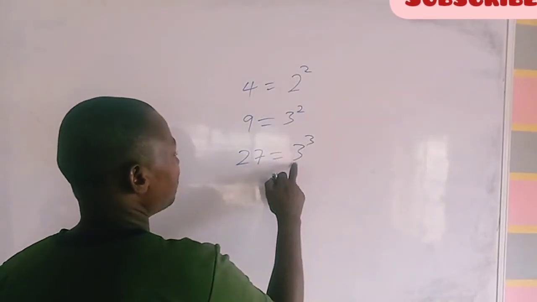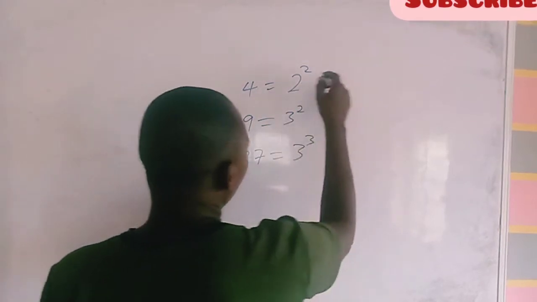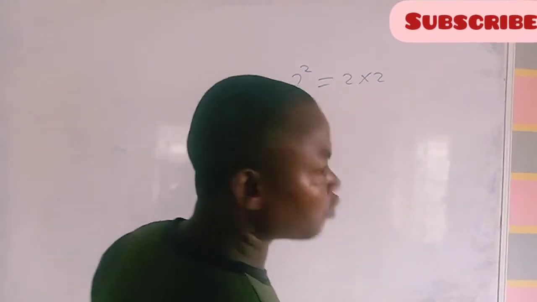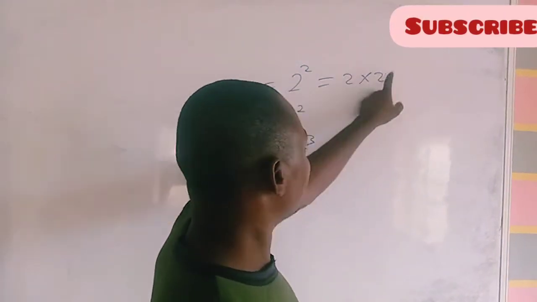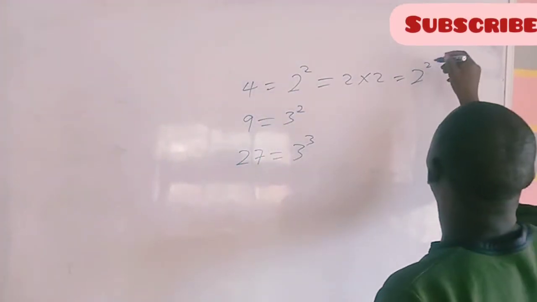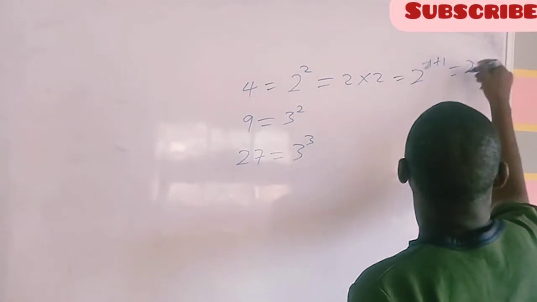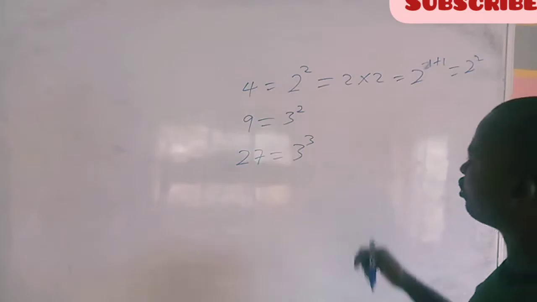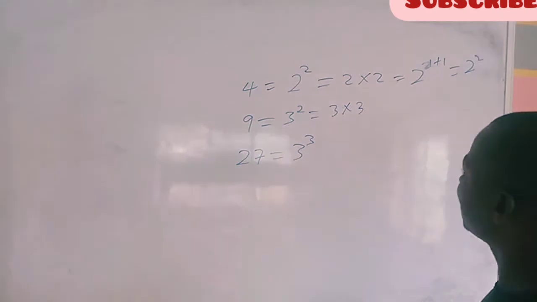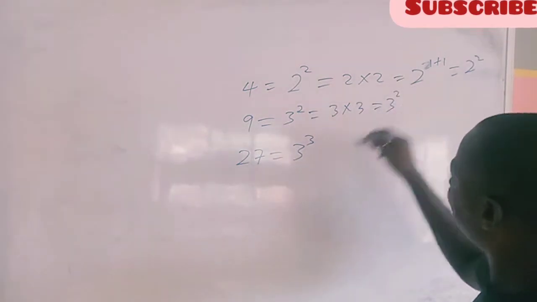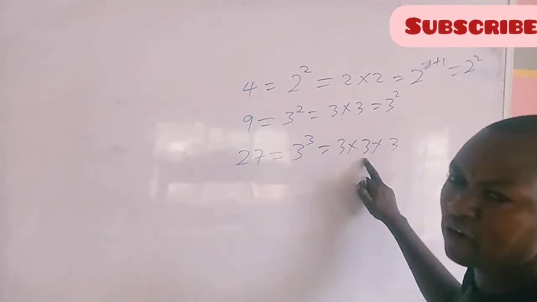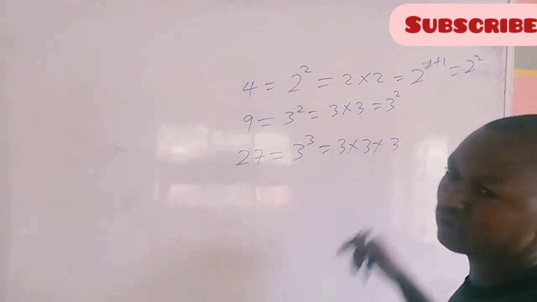This 2 raised by 2 is 2 times 2. According to indices, this one is having 1 and this one is having 1, so we now have 1 plus 1, which equals 2 raised by 2. 3 times 3 will give us 9, and 3 times 3 times 3: 3 times 3 gives 9, 9 times 3 gives 27.